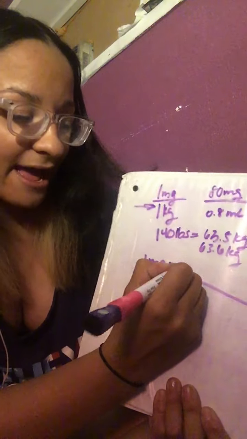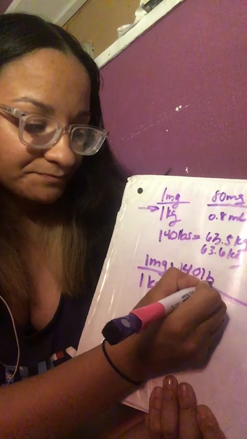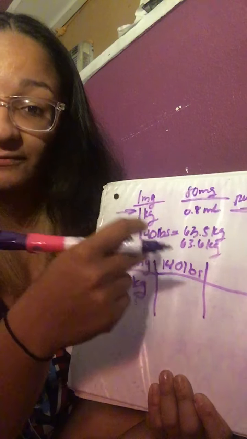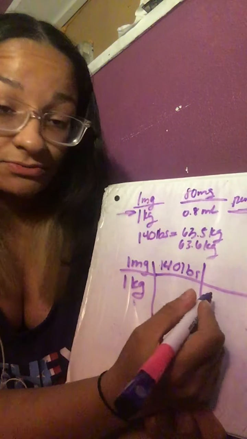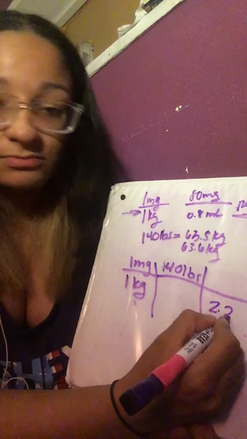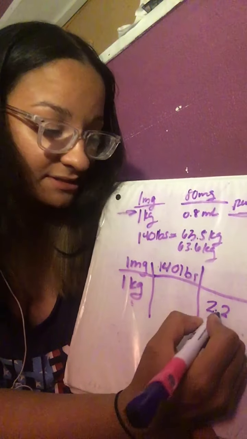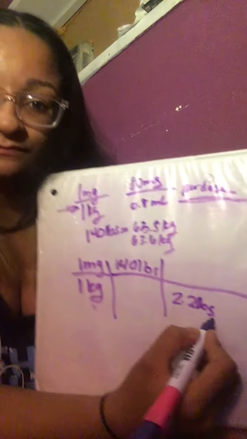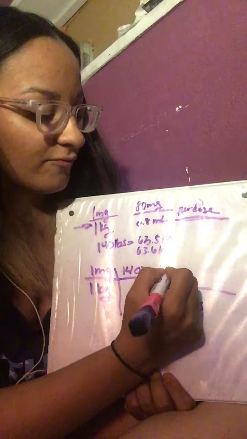All right, so we're going to add 140 pounds, right? And then to convert pounds to kilograms, we want the pounds to cancel out. So 2.2 or the 2.2046, whatever you're using, pounds per 1 kilogram.